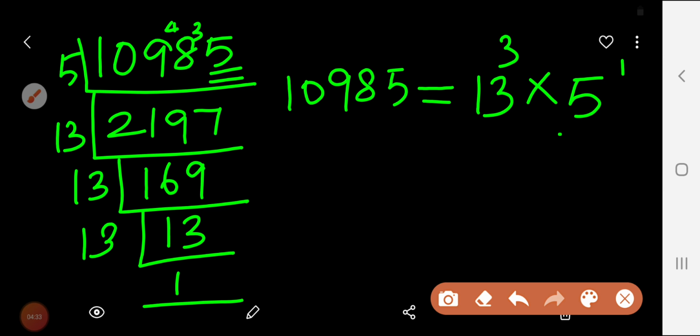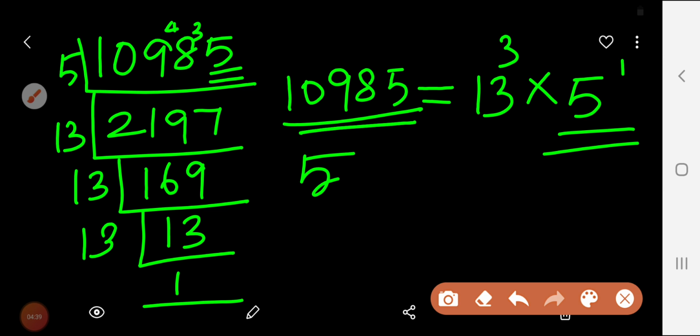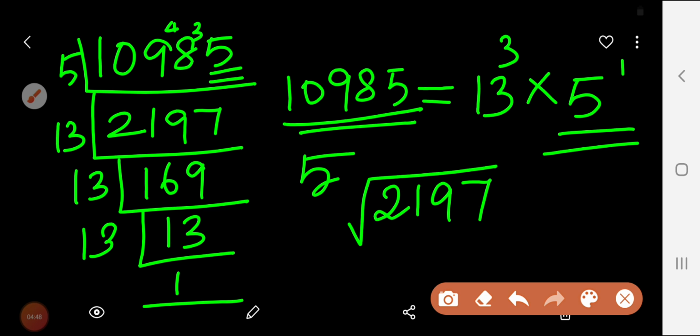So 5 is the smallest number. We have to divide by 5, and we will get the perfect cube number. That perfect cube number is 2197. So the cube root of 2197 is 13.